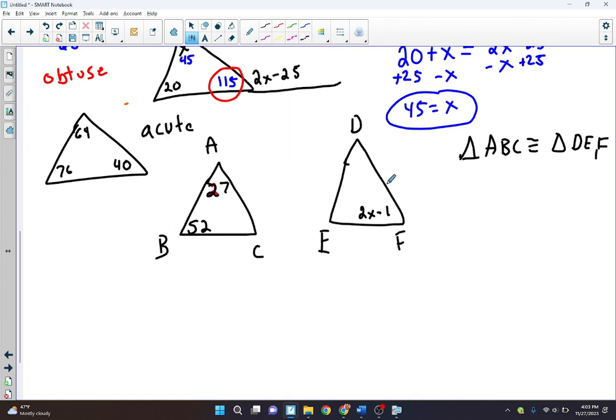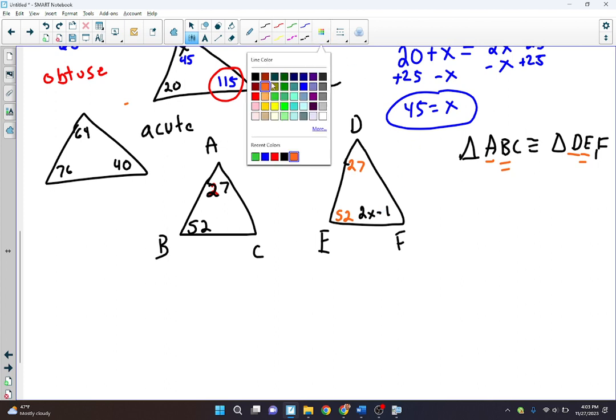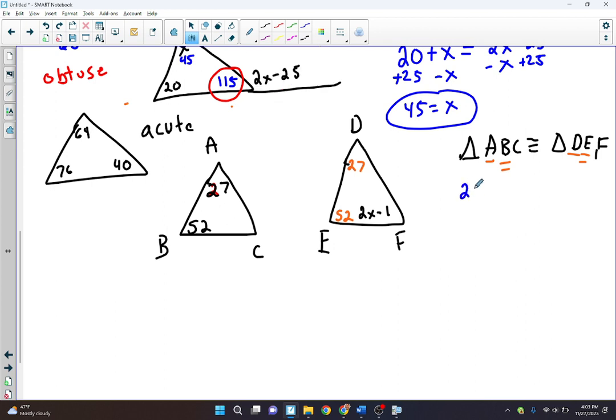What am I supposed to do? Well, because the triangles are congruent, A and D, I could put 27 here, and B and E are congruent, so that's 52. So I could do 27 plus 52 plus 2x minus 1 equals 180.